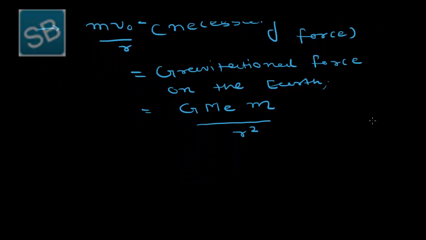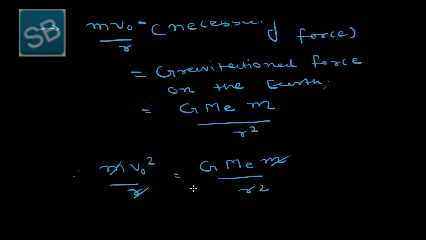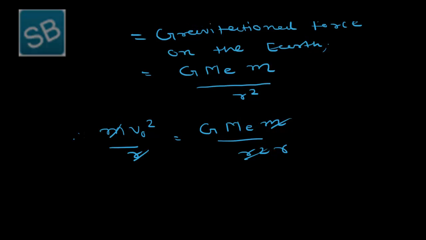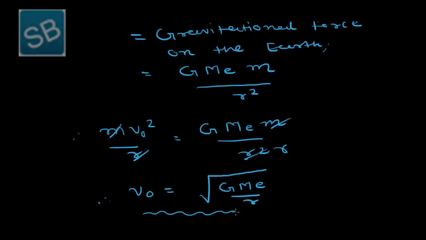So now I can compare this equation: m v0 square over r is equal to G Me into m over r square. From both the sides m and one r are cancelled out. Therefore, my orbital velocity is equal to under root of G Me over r. And here we can see that the orbital velocity or orbital speed does not depend upon the mass of the satellite. So this is my equation number 1.